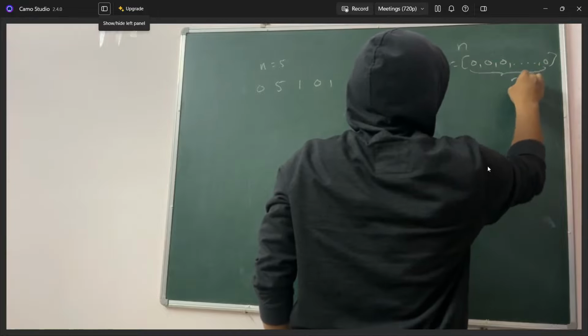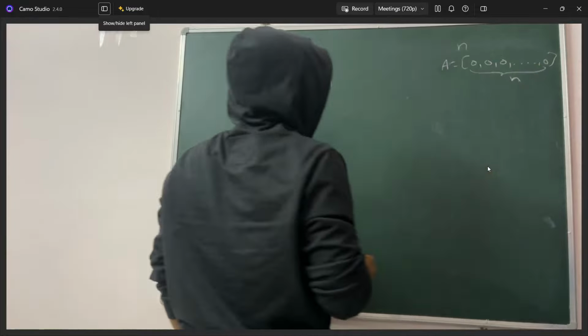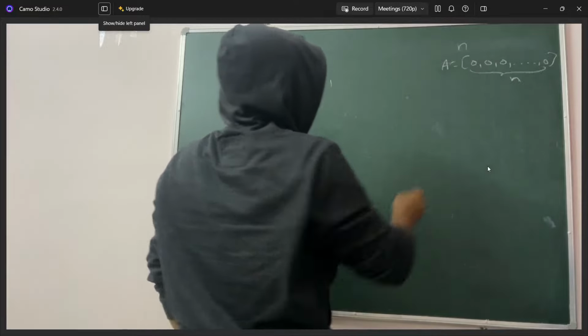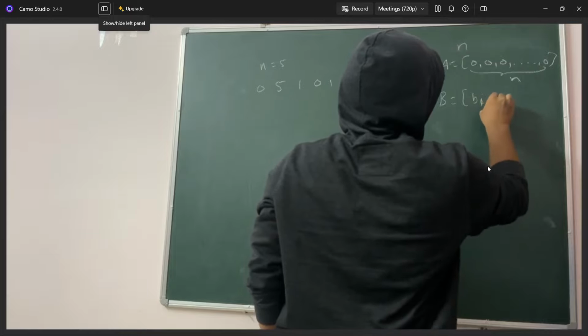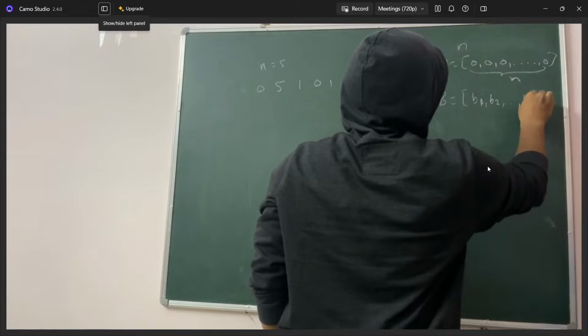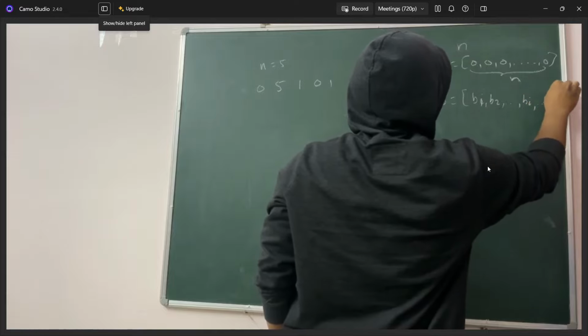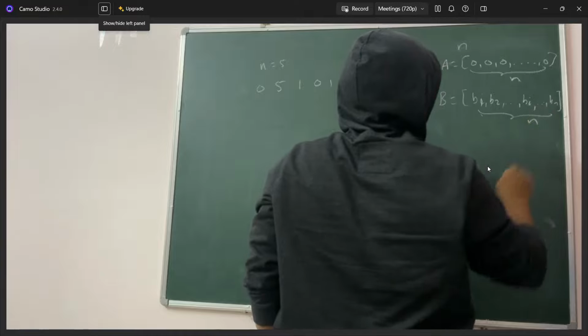This is the n length, and they've given array B also, with elements b1, b2 and so on up to bn, also n elements.